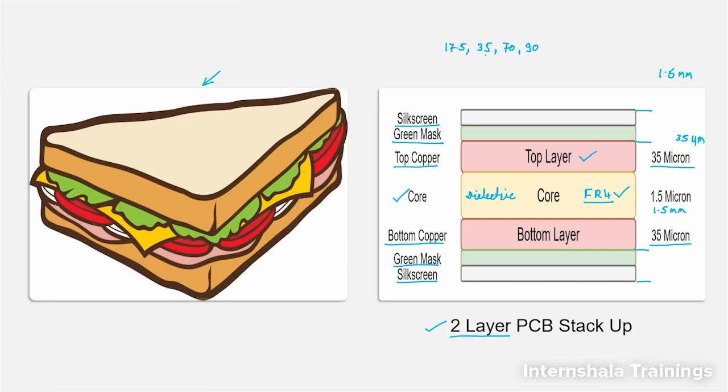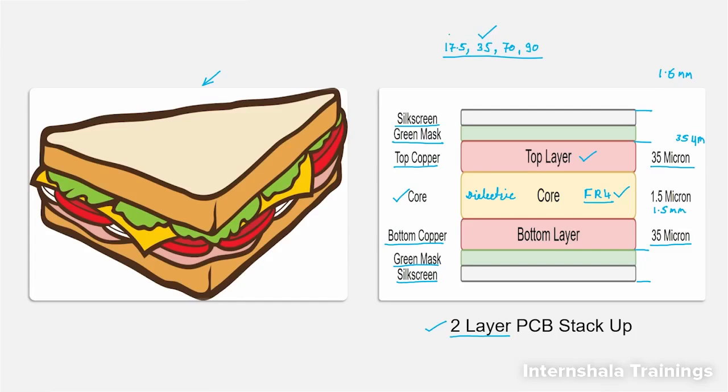So 2-layer PCBs are available in different thicknesses, and based on the application you are dealing with, you use a specific thickness for the top and bottom copper layer. Most of the time, this 35 micrometer thickness is very popular, and mostly people use a copper thickness of 35 micrometer.